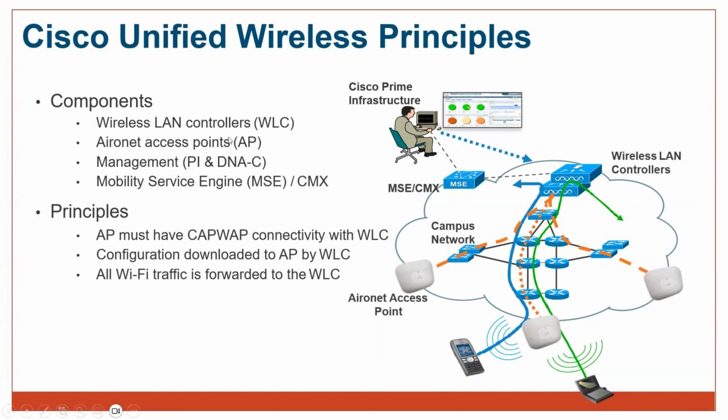Okay, no questions, maybe because you haven't worked on wireless much. But you should know at least the basics of these components because maybe you will see someone handling Cisco Prime, Cisco DNA, WLC.